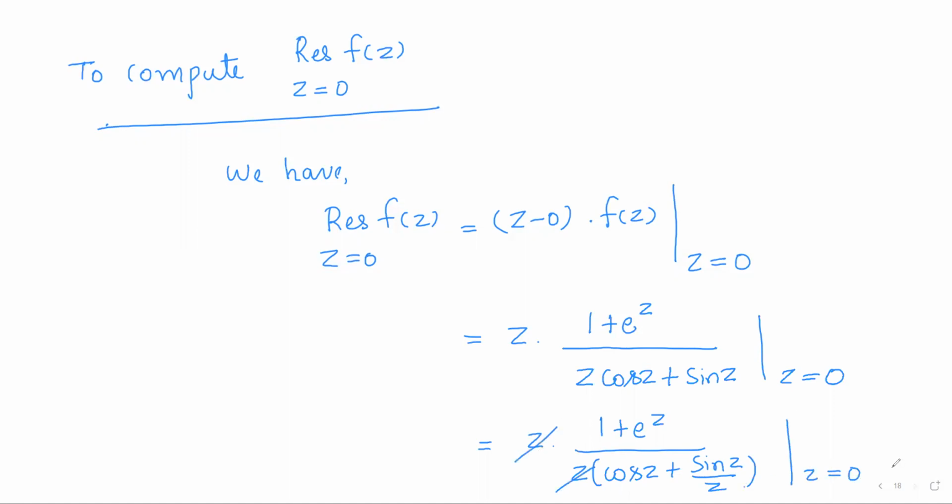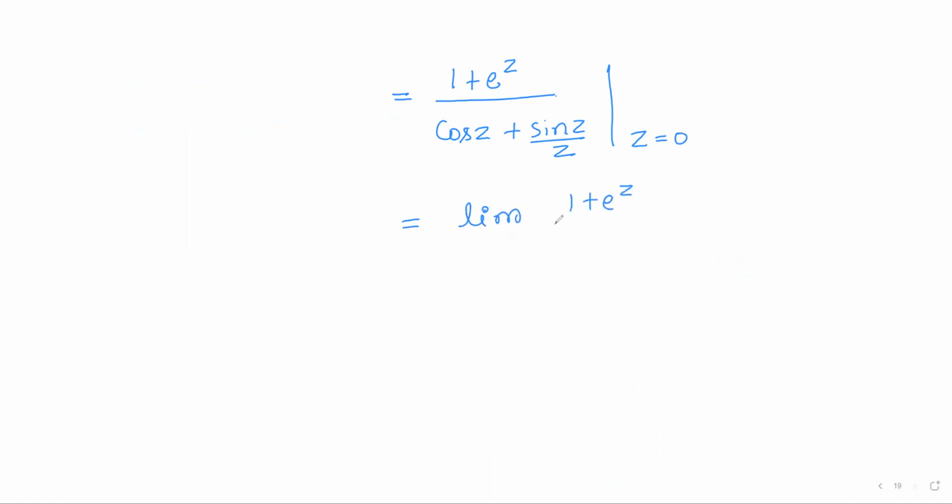So z gets cancelled and we are remained with 1 plus e to the power z divided by cos z plus sin z by z at z is equal to 0, which is also equal to the limit of 1 plus e to the power z divided by cos z plus sin z by z as z approaches 0, as the function is continuous.